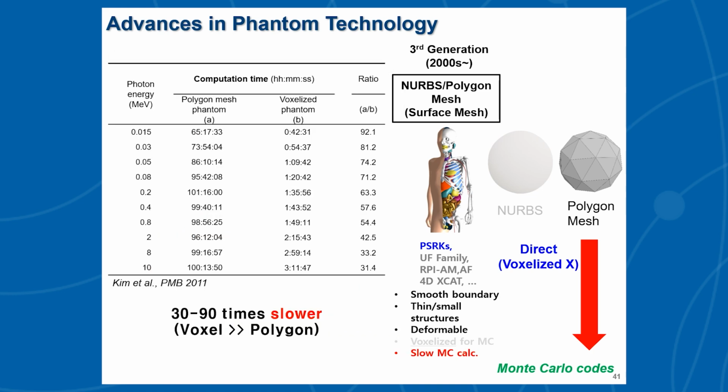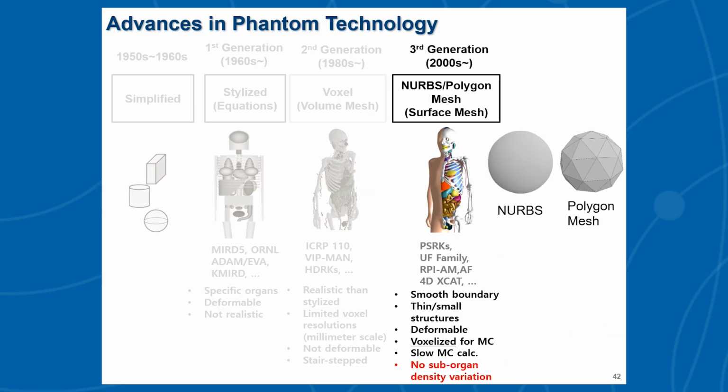However, the computation speed is extremely slow compared to the corresponding voxel phantom, by up to 19 times. In addition, sub-organ density variation cannot be described in the surface phantom.